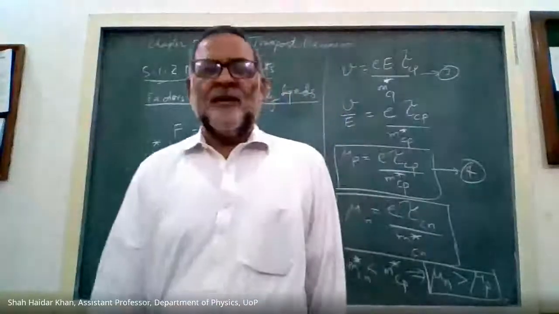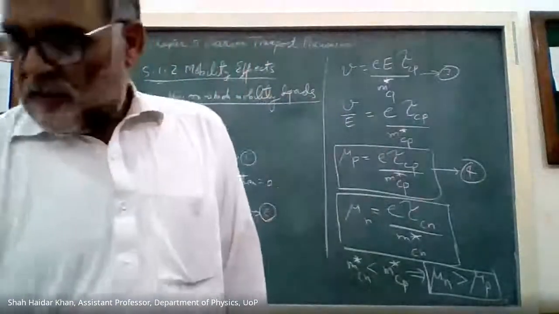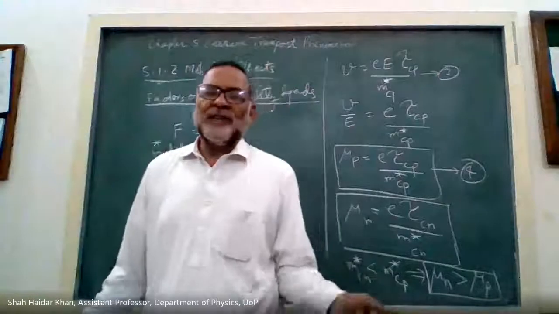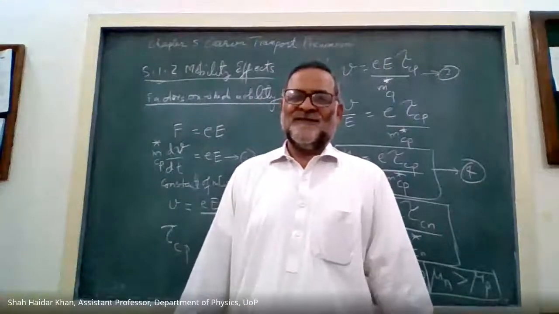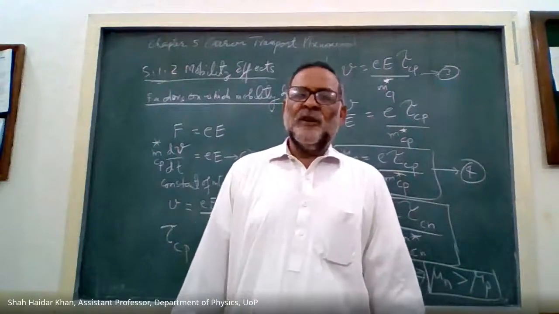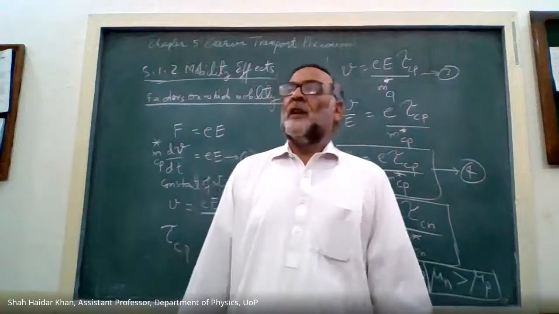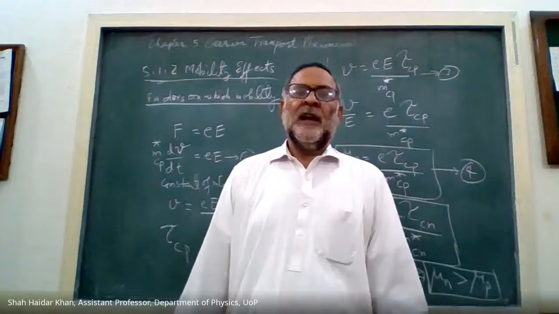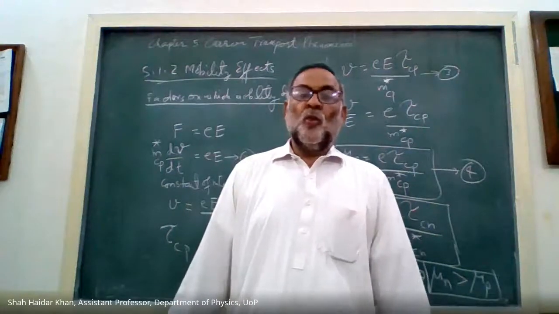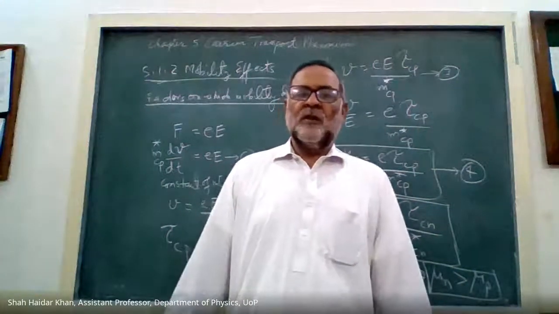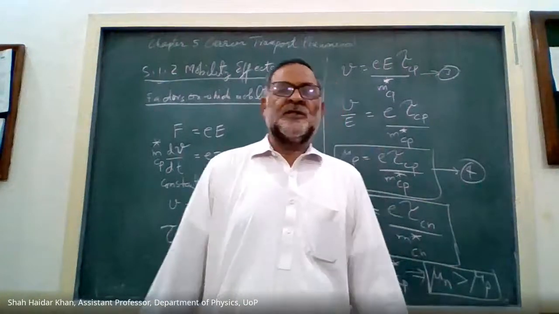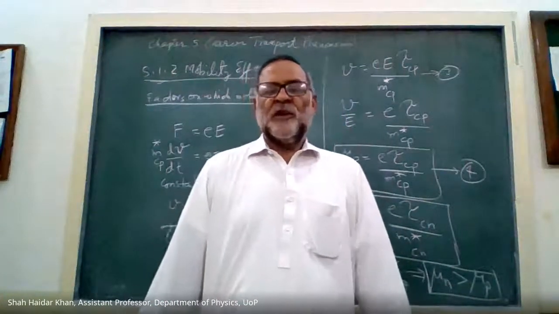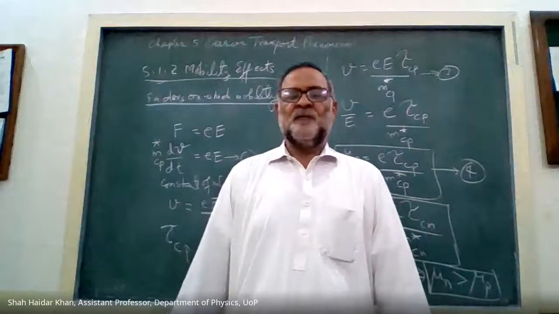So the collision can be of a hole with a phonon, a lattice vibration. Or the electron might have a collision with an impurity atom. Suppose it is an interstitial impurity, so it will be somewhere in the middle, right?